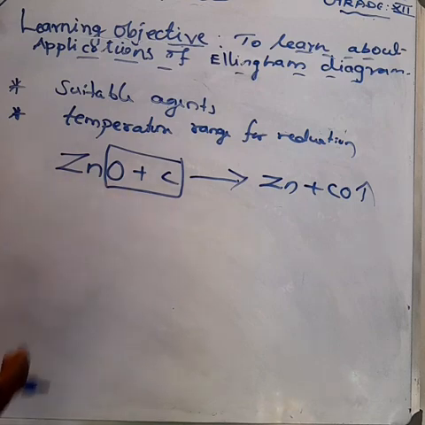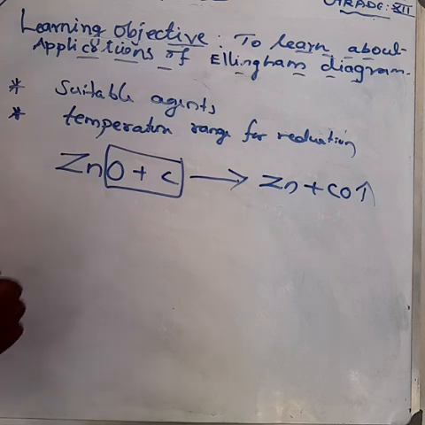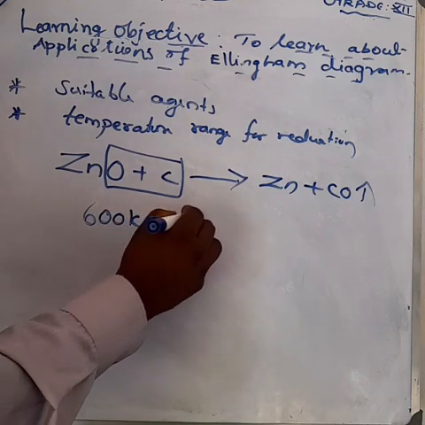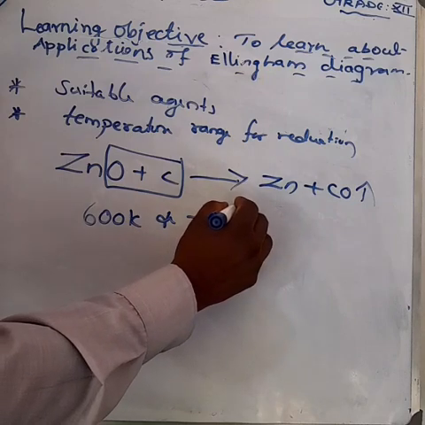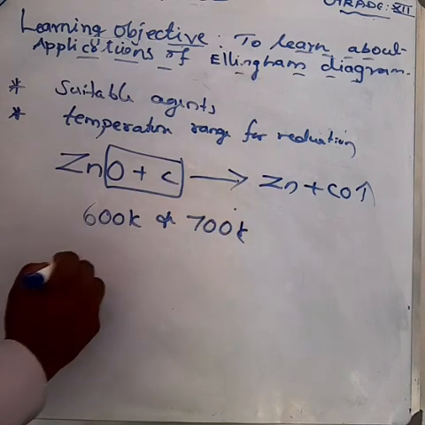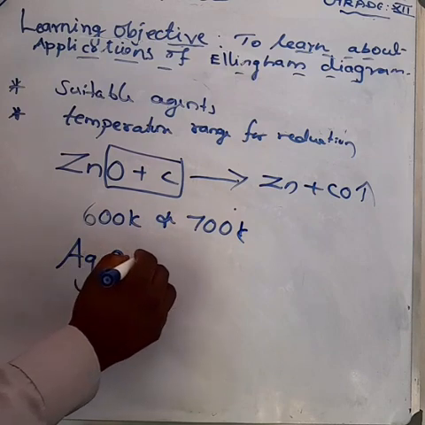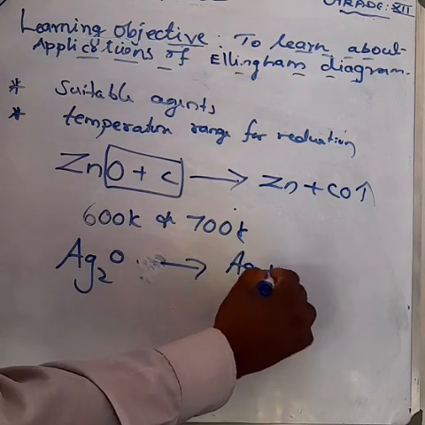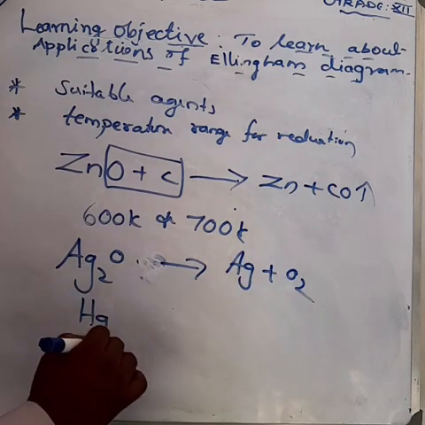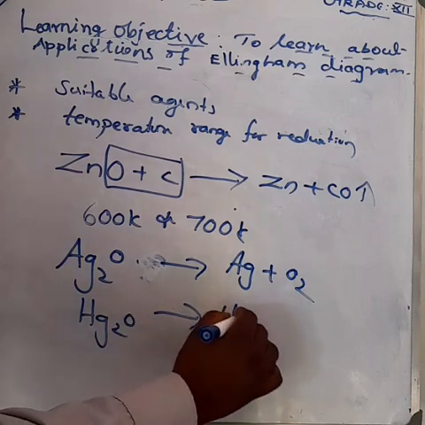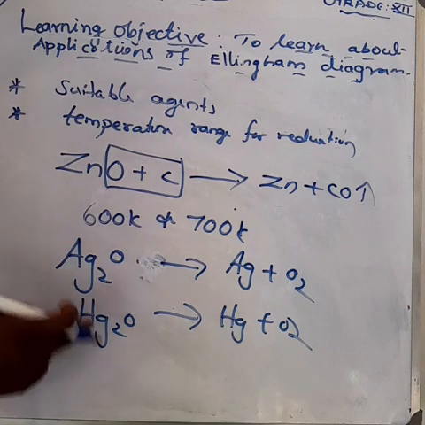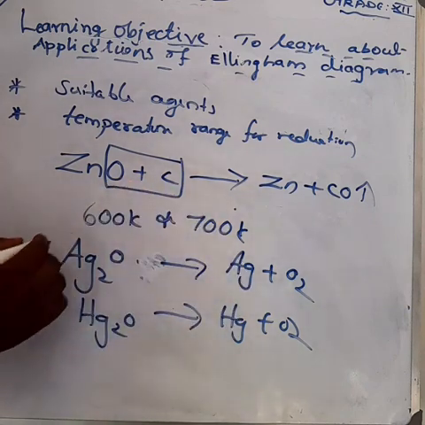Their decomposition temperatures are 600 and 700 Kelvin. At 600 and 700 Kelvin, the two oxides decompose. That means silver oxide decomposes into silver and oxygen, and mercury oxide decomposes into mercury and oxygen. So this indicates that silver oxide and mercury oxide are unstable at moderate temperature.